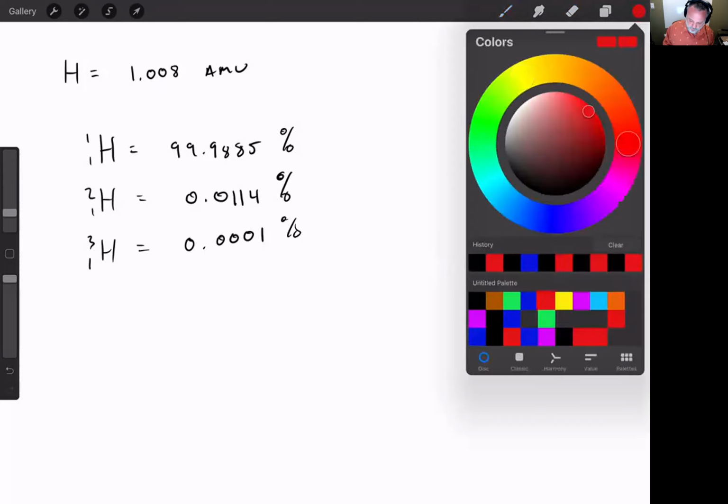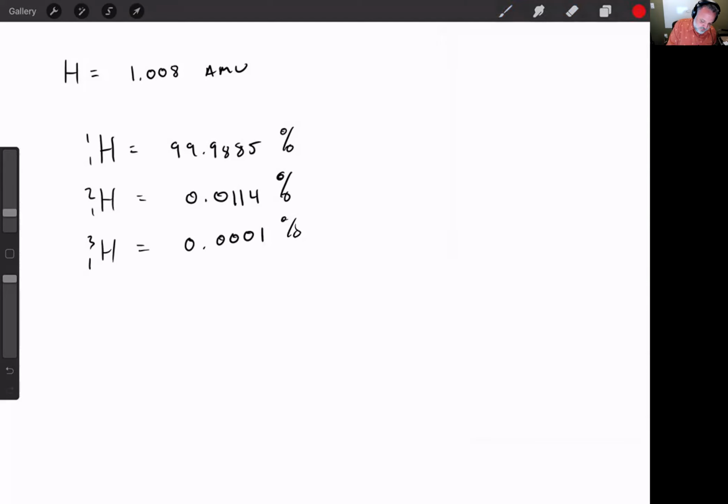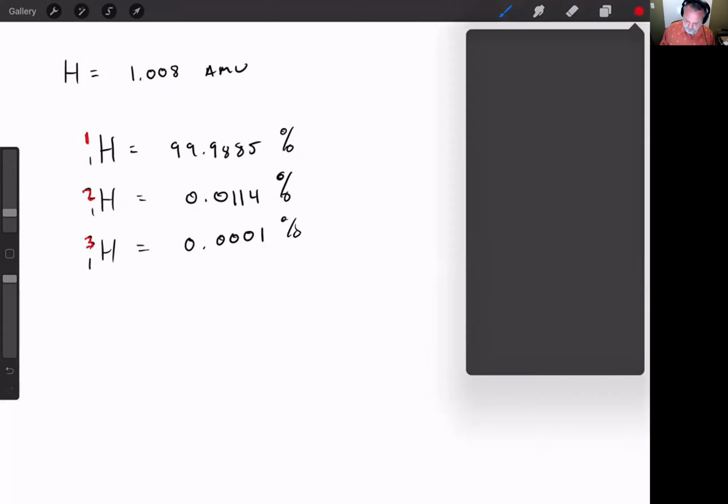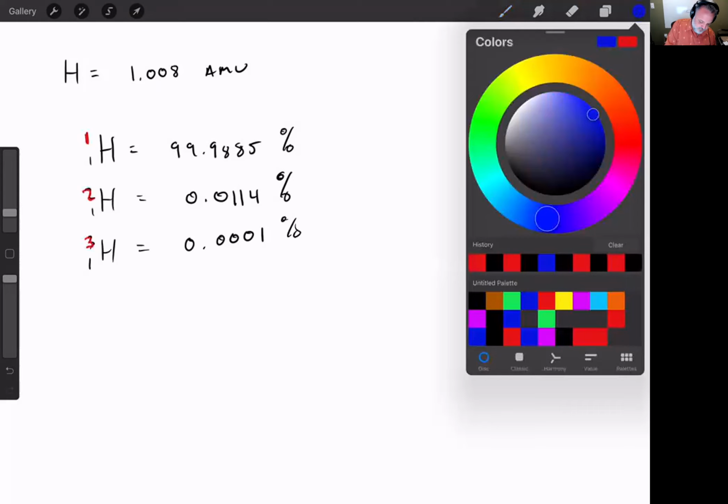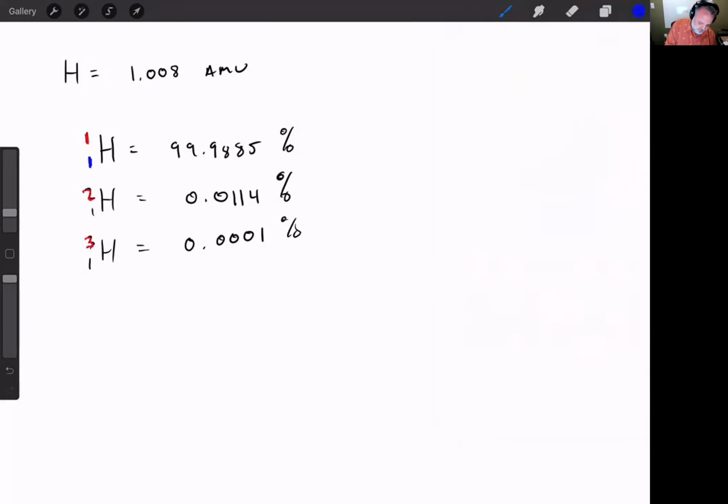Remember, the mass number in the symbol represents the number of protons plus the number of neutrons. The value for Z in the symbol represents the number of protons, and it's what identifies the element.